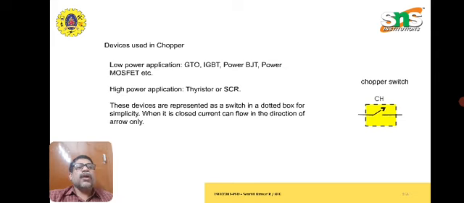Since the chopper requires a high switching frequency, so that the average output voltage is not a chopped one, a MOSFET is used here. The chopper symbol is denoted on the right hand side.